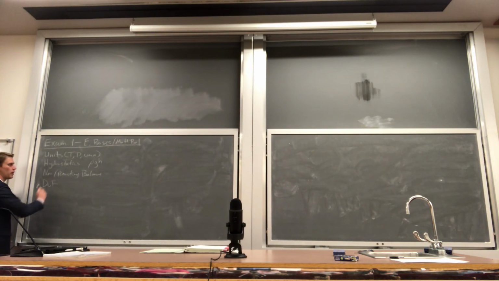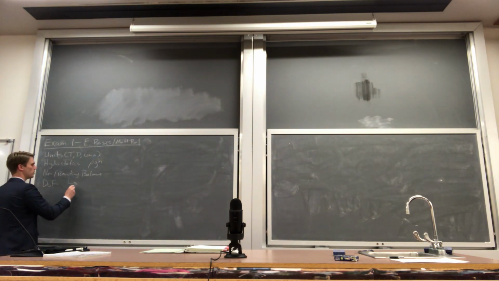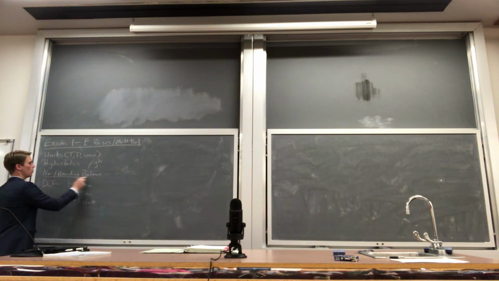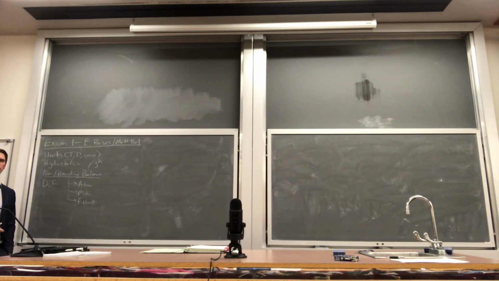For non-reacting and reacting system balances, we have a number of different ways to accomplish them. So we have atom, molecule, and extent of reaction. The most difficult part with the reacting and non-reacting balances is almost always going to be the design specifications.